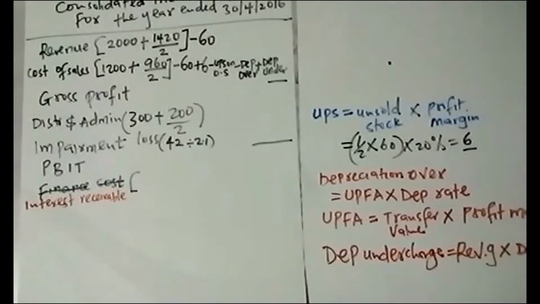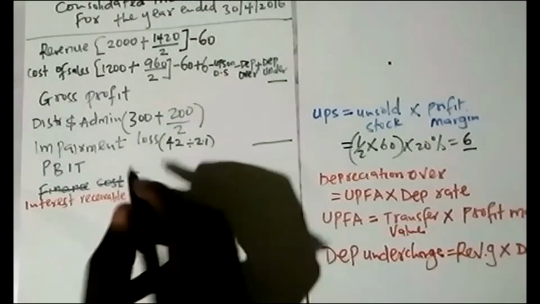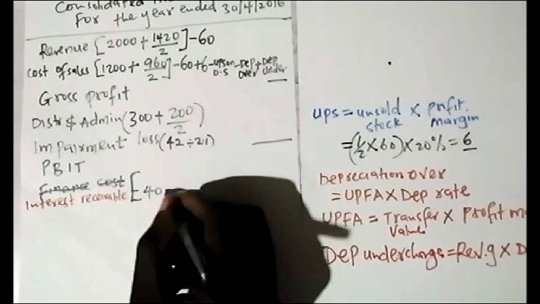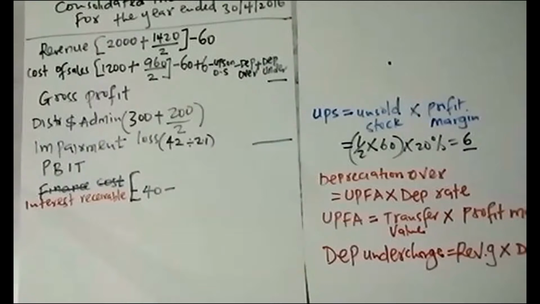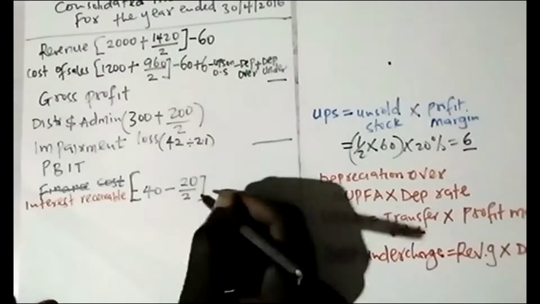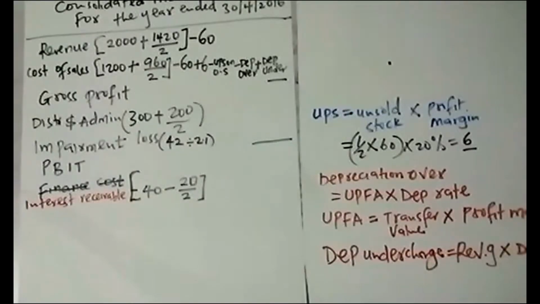We have an interest receivable of 40, but remember there was again a payable. So I can offset. This one is 40. The payable, in foreign currency, was 20. But remember, I will translate, that is a good name, by dividing by 2. So I will remain with an interest receivable of 30.